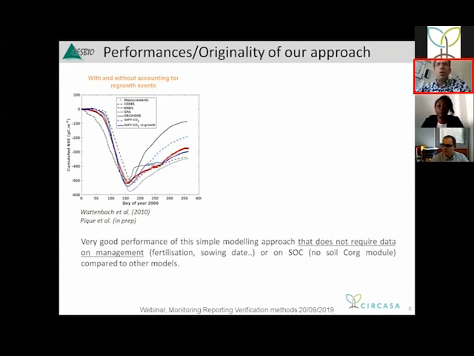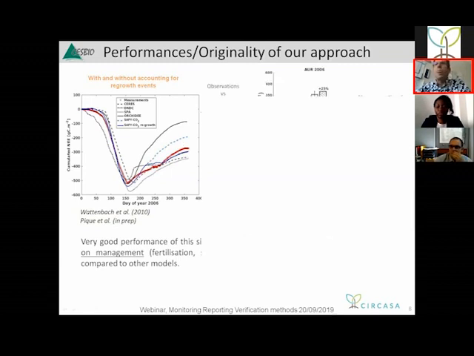It has no soil organic carbon module compared to other models, and in spite of that, because the satellite forces the model to reproduce the true development of the crop, we have, as you can see on the figure in the upper left corner of the slide, rather good estimates of the cumulated net CO2 flux dynamics compared to other well-known models like ORCHIDEE, SPA, and so on.